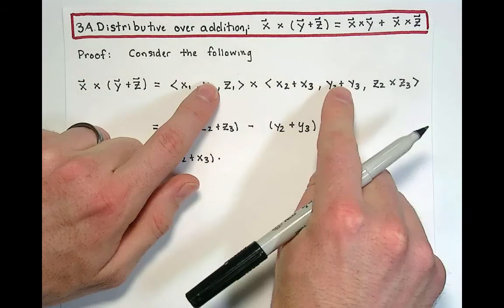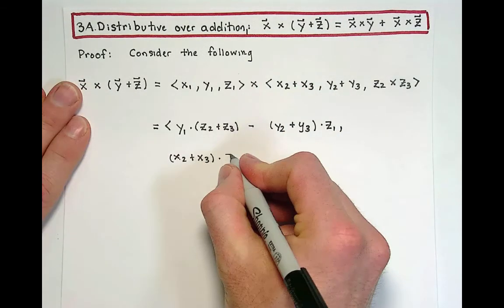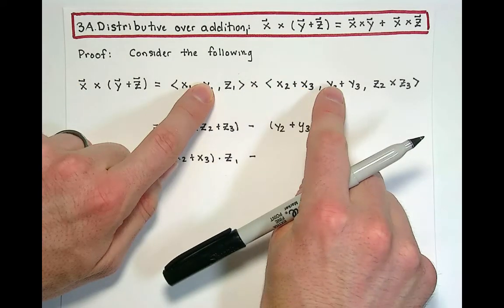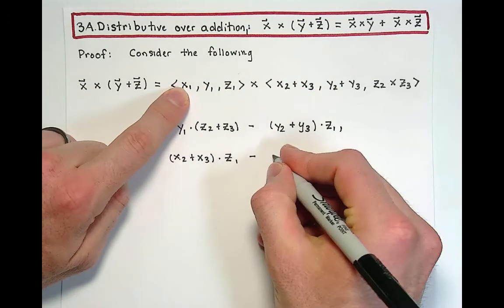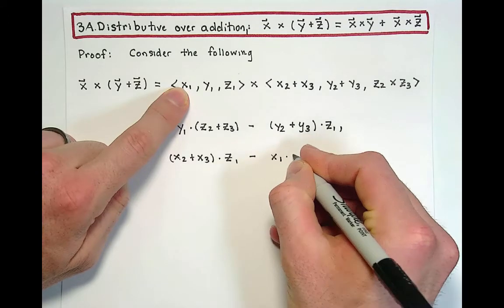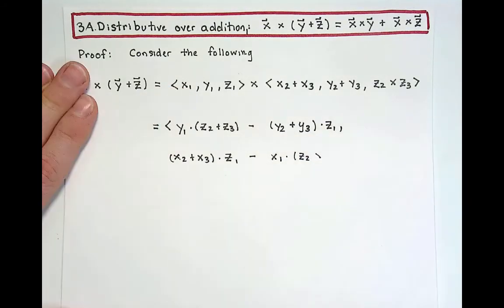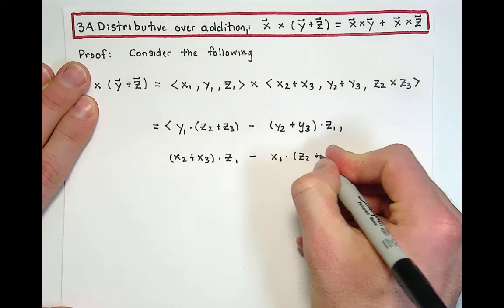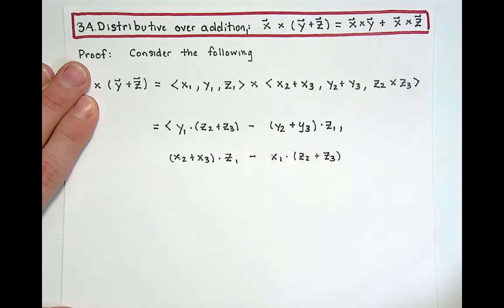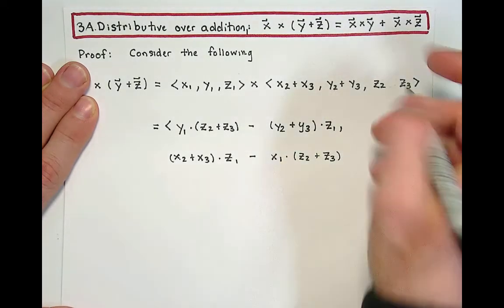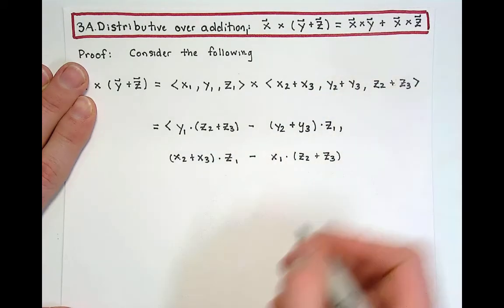We multiply that by z1, and then we subtract away from that x1 times z2 plus z3. Of course, this is plus z3. So of course up here, this is a plus symbol, not a times symbol, because this is vector addition.